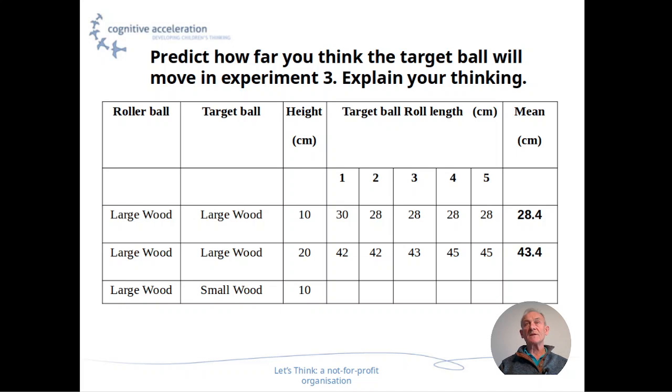You can use all of this data in making a prediction of what will happen in the third experiment. Please make sure that you have made your prediction and explanation. Remember, have a look at what variables have changed in this third experiment before you actually look at the experiment.